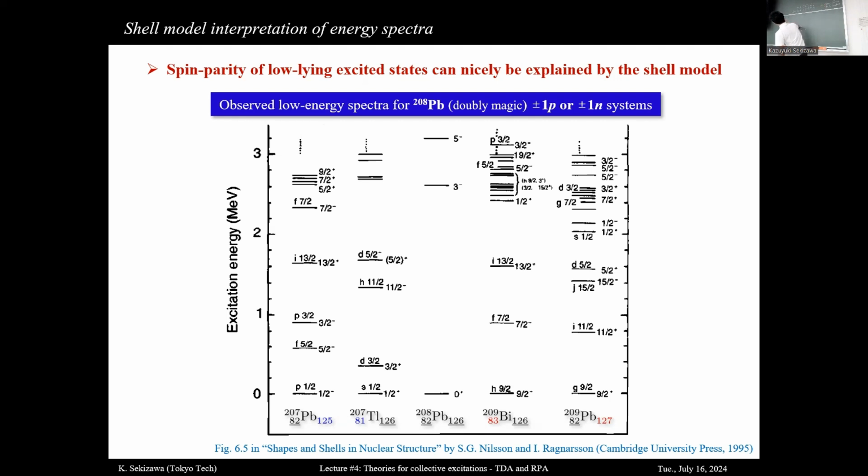The figure is not nice, but anyway, here should be the partner H9/2, and here we expect the negative parity state.